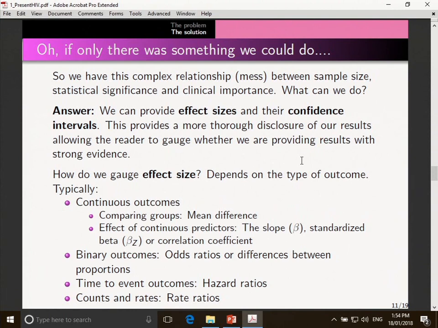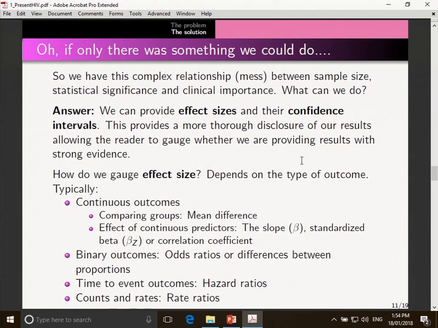allowing a reader to gauge whether we are providing results with strong evidence. So how do we gauge effect size? Well, it depends on the type of outcome we have. Typically, not always, but typically for continuous outcomes, if we're comparing groups, we'll use something like a mean difference. If we're looking at the association between two continuous variables, we might use a standardized beta or a correlation or something like that.